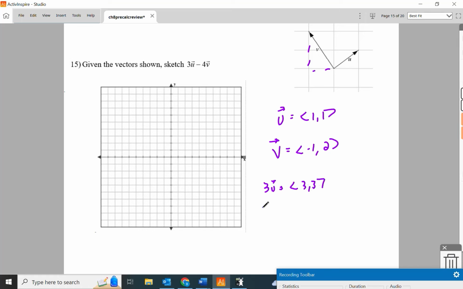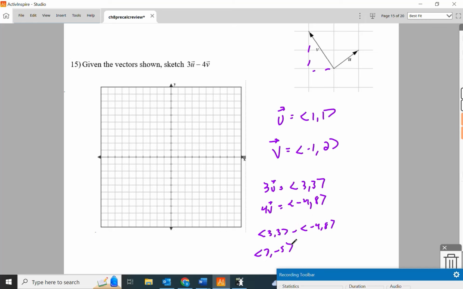So when you do 3u minus 4v, 3 of vector u would obviously be 3, 3. And then 4v, if we multiply by 4, is negative 4, 8. So what we're doing here is 3, 3 minus negative 4, 8. We're just going to focus on like terms. 3 minus a negative 4 is going to be 7. 3 minus 8 is going to be negative 5.